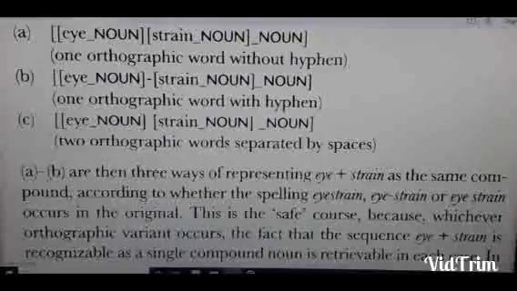Now the one with hyphen, and then two orthographic words separated by spaces.